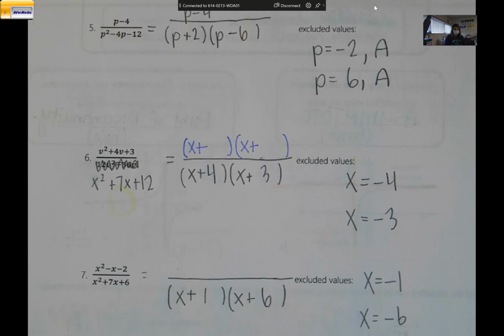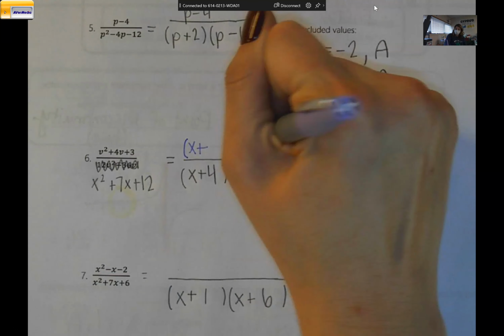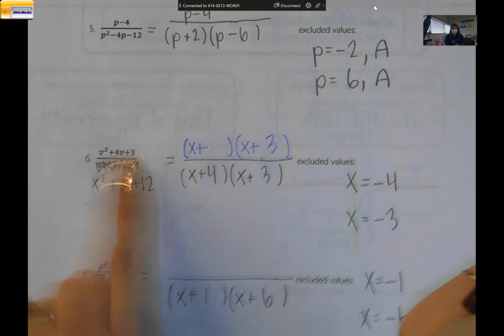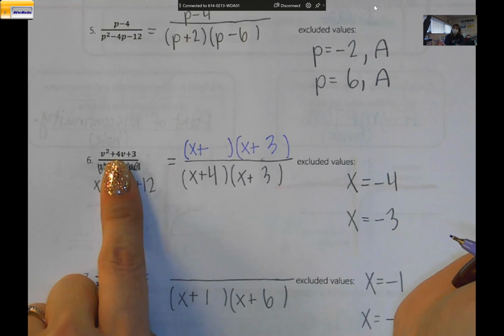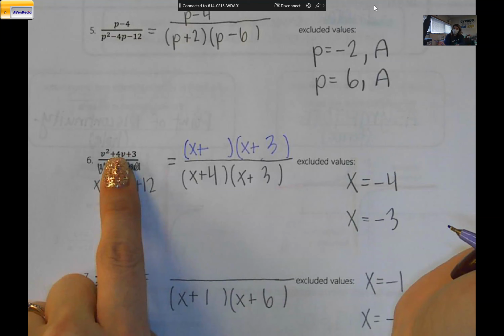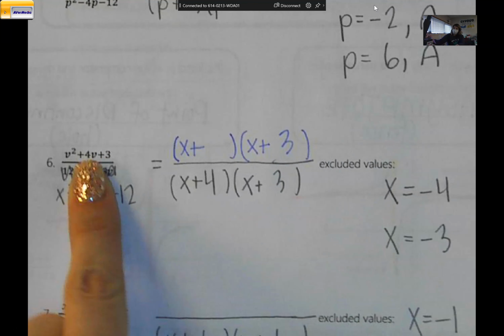You guys finding those factors? No. You got to find the ones in the top. So you're factoring out the numerator.